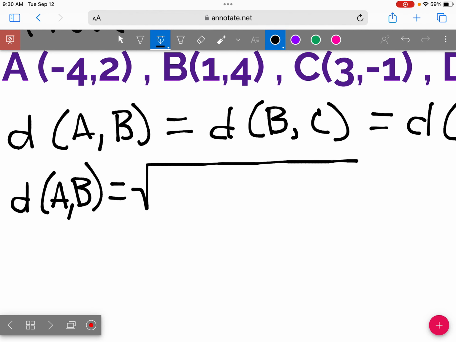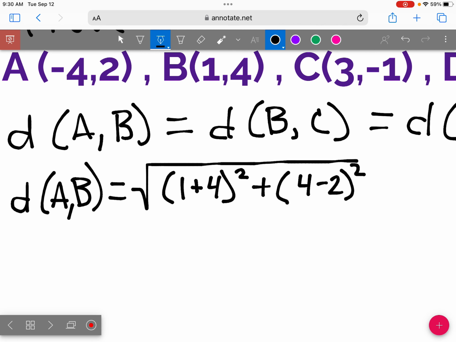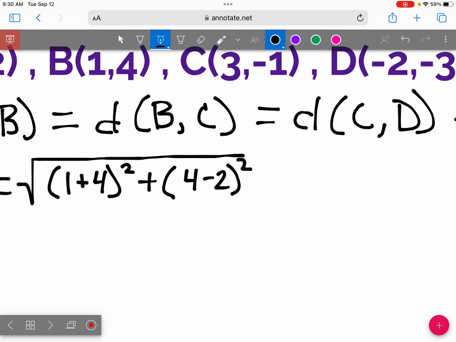So we're going to have 1 minus negative 4, which gives us 1 plus 4 squared, and 4 minus 2 squared. I'm going to go sideways this time just to save some space.